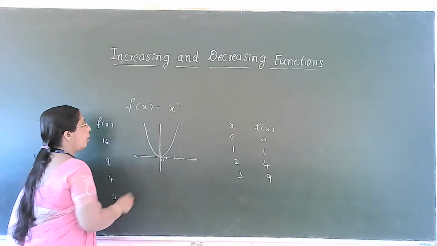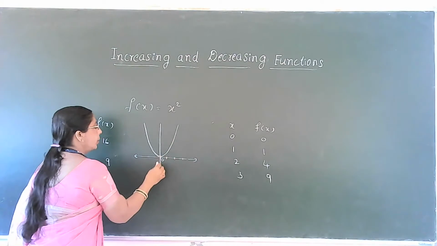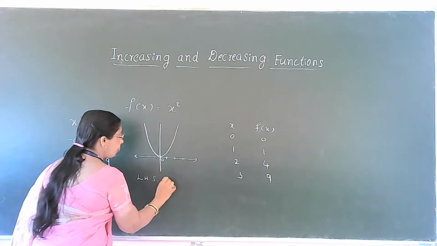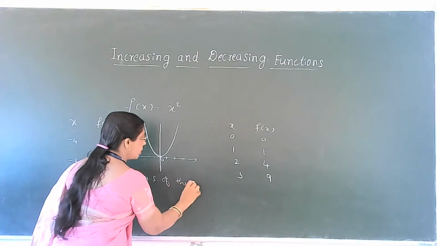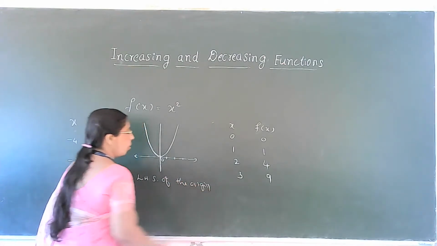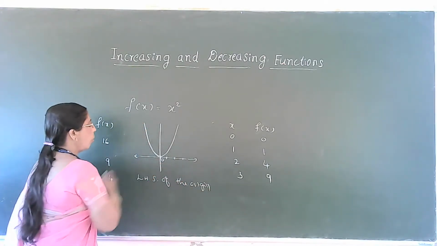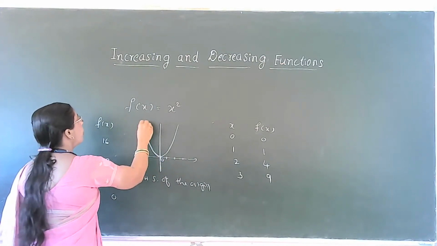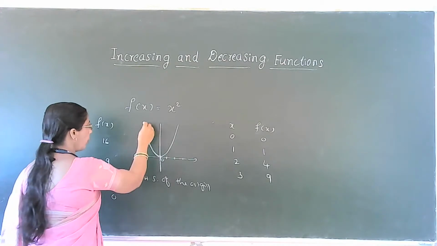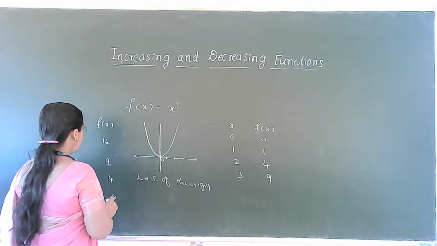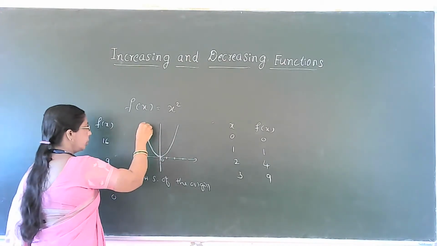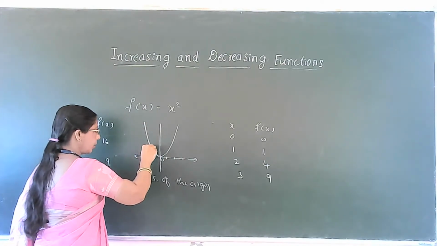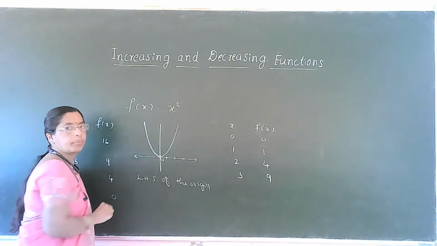In this graph, on the left-hand side of the origin, the height of the graph is decreasing.